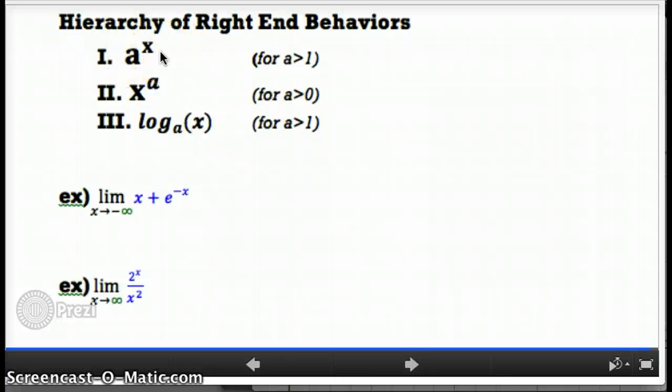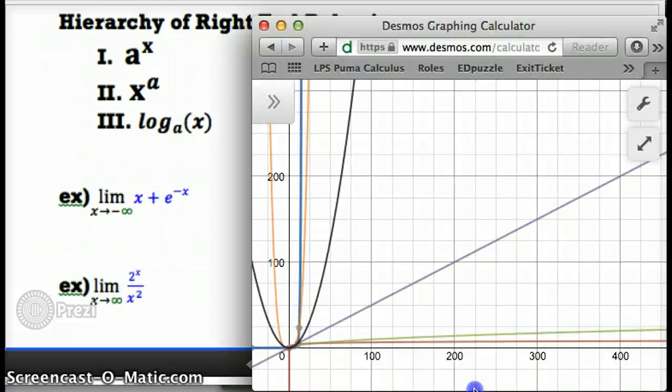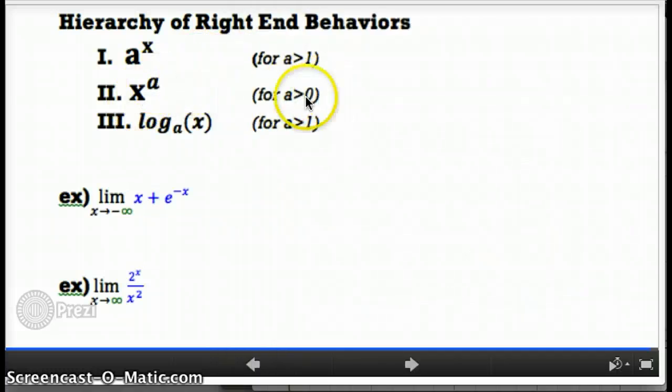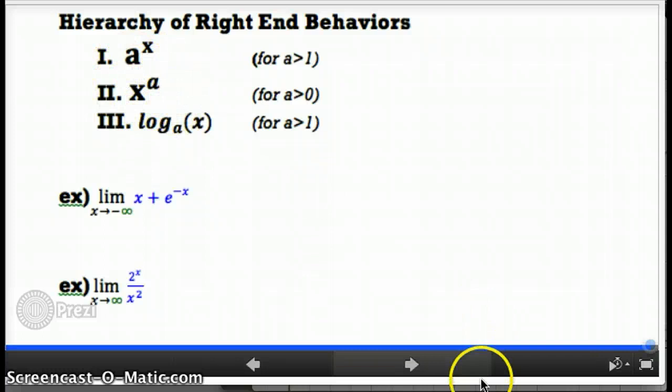Exponential functions, as we go to positive infinity, are always going to go to infinity fastest. They're the most powerful ones. And really hold on to this visual. This blue function, after we got out of the mess near 0, shot straight up, faster than anything else. x to the a, where a is a positive number, represents all of your polynomials, all of your linear functions.